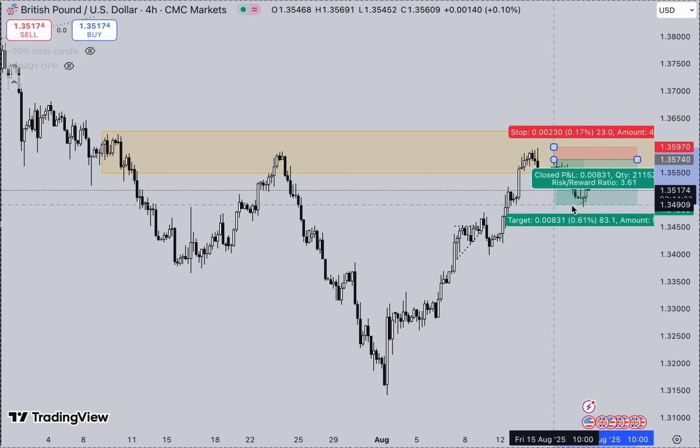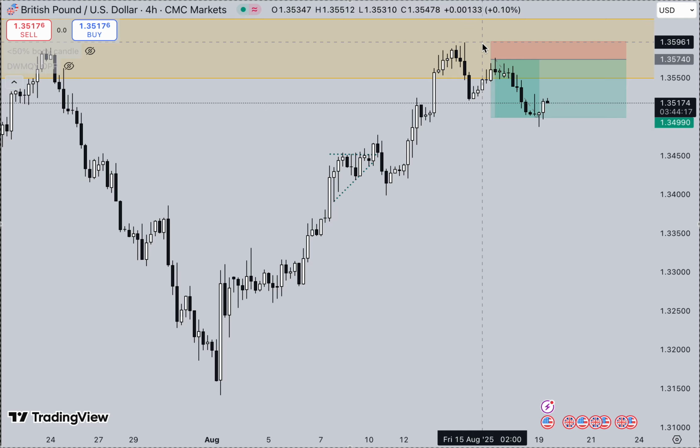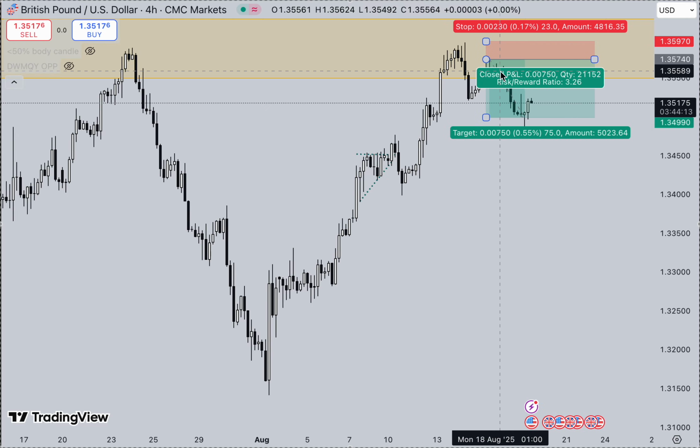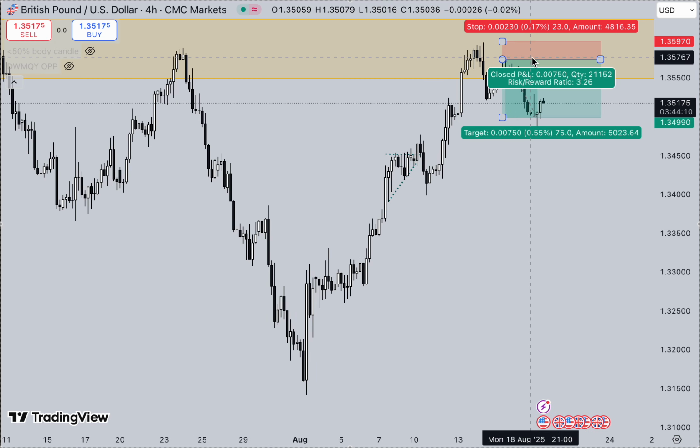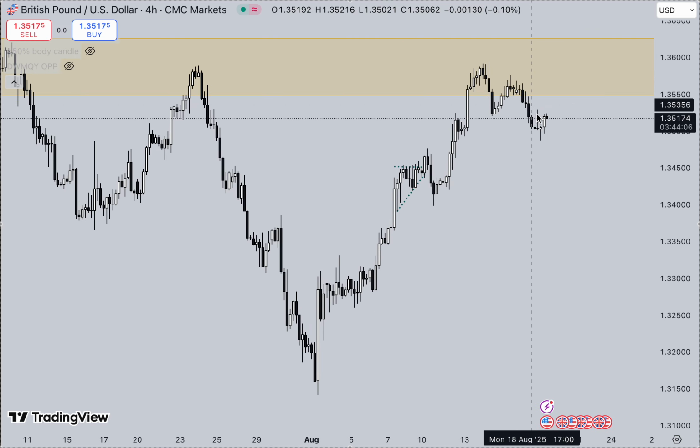We could have gotten in at 1, 2, 3. Could have gotten a 1, 2, 3 out of this trade. Beautiful trade overall. Congratulations if you took that. I'm sure some of you did, guys. And then now we're just retracing into this supply level right here.